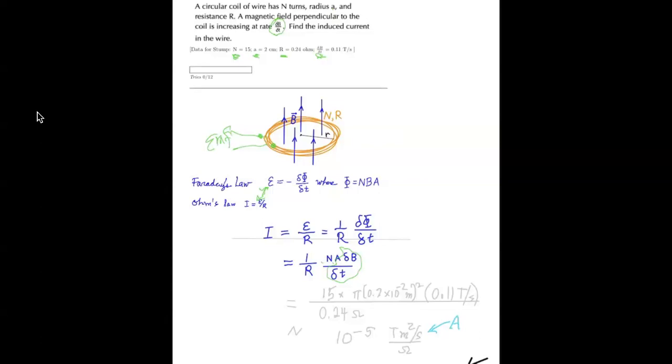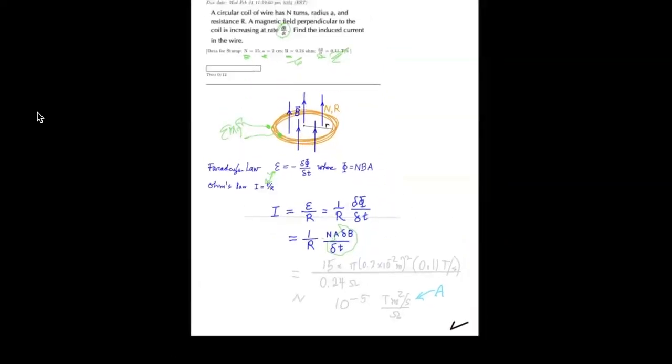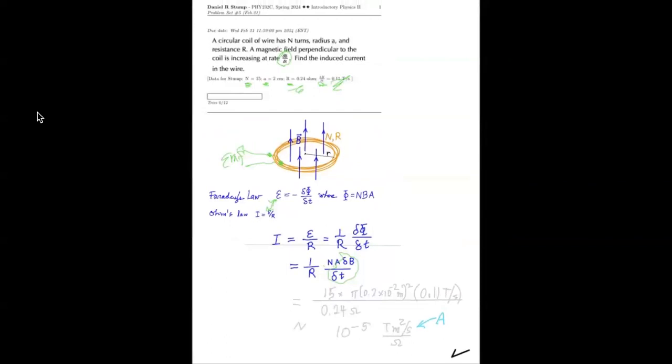So now we start plugging in numbers. N is 15, A is πR². The change in the magnetic field per second will be 0.11 Tesla per second, that's given. And we divide by the resistance, that's given, 0.24 ohms. So that's the calculation we have to do.